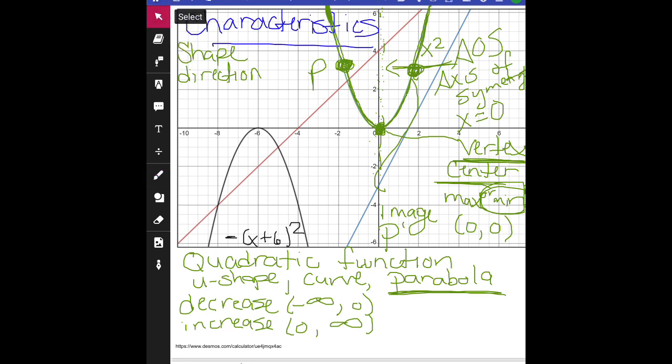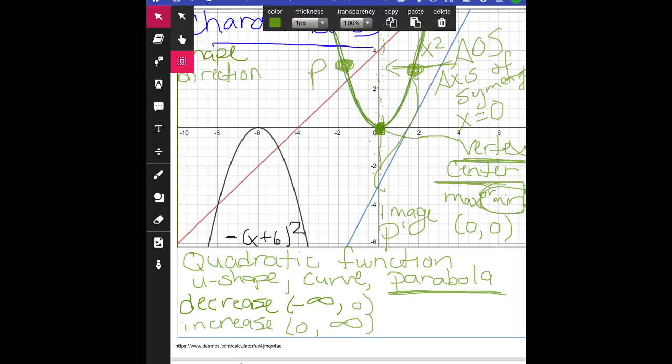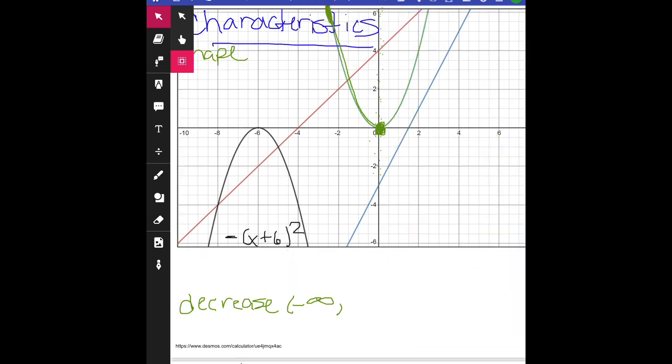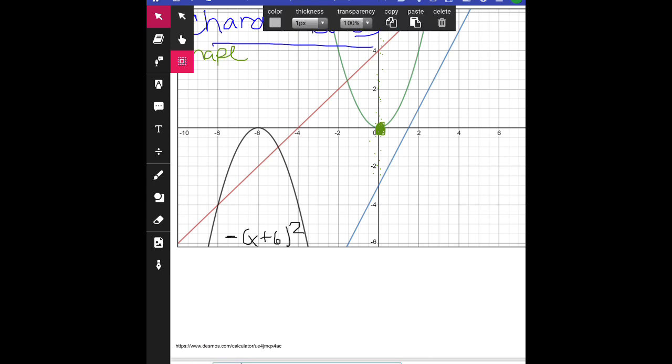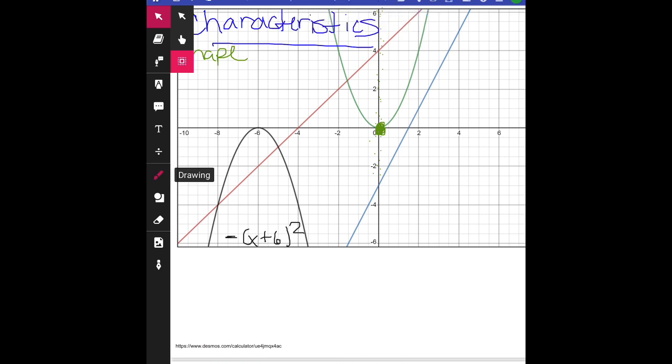So we're going to do this again with the black graph. The black graph is a little bit different.